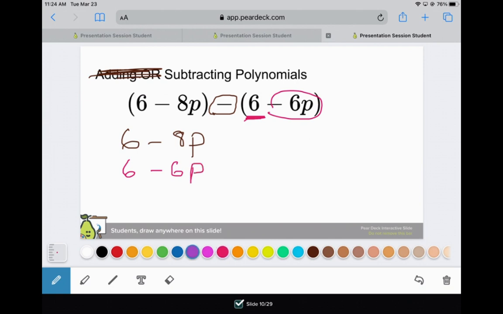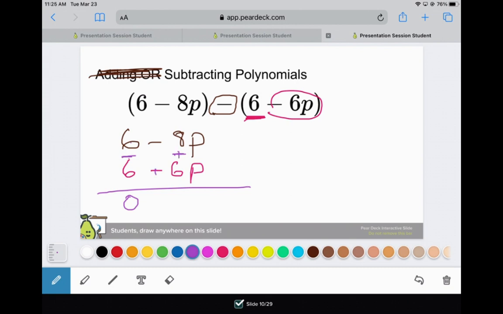Now over here, this is subtraction. 6 minus 6 would become 0. Now this is where subtraction is harder, because when you deal with negatives, it can be a problem. So over here, negative 8 minus negative 6. Minus and negative turn into positive.